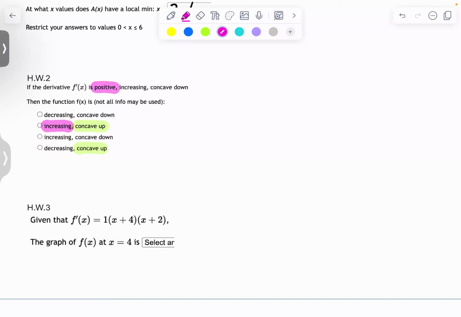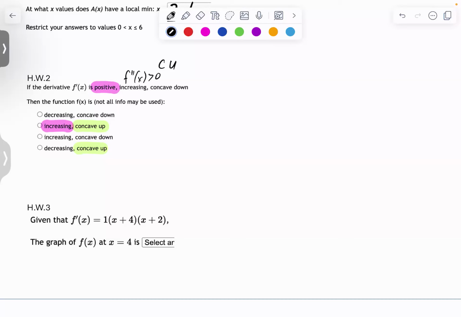Again, f prime increasing means that f double prime is positive, which means concave up. And because f prime is positive, that means that f is increasing, right?